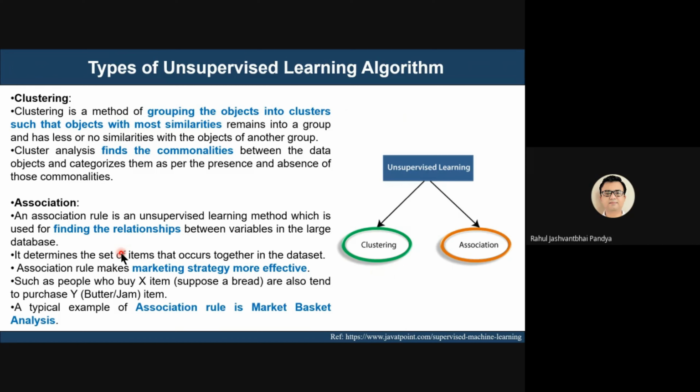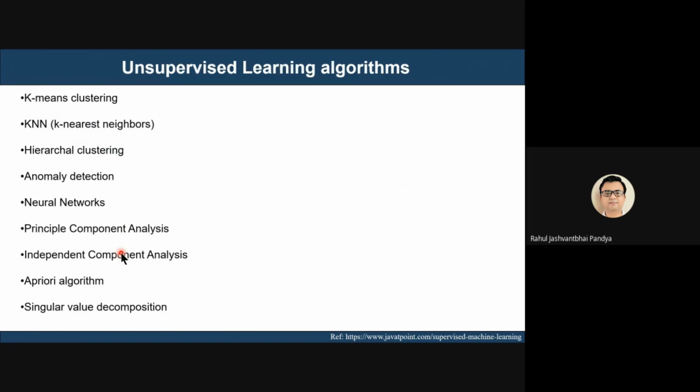The typical example of association is market basket analysis. How the customers are purchasing, what items they are purchasing together, and then it will try to suggest similar associated items when they purchase one particular item. That's the basic workflow of my association rule.